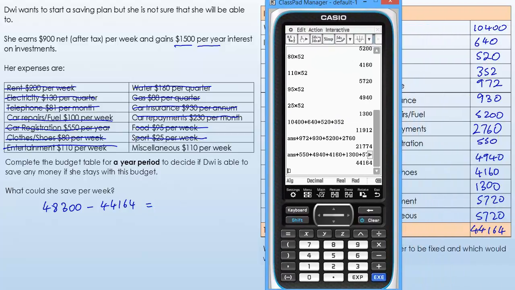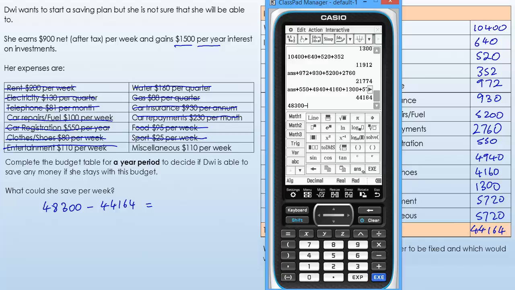So we've got 48,300, and we could subtract from that the last answer.